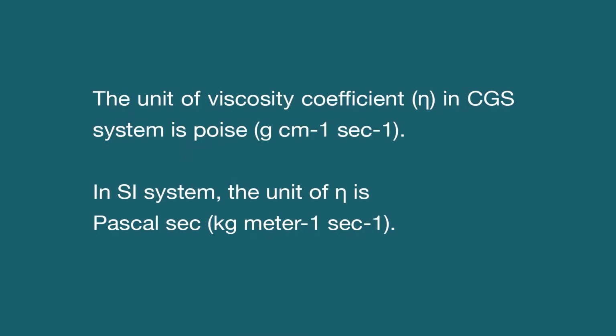According to the above formula, viscosity is defined as the force per unit area originated between two layers moving with unit velocity gradient. The unit of viscosity coefficient eta in CGS system is Poise, that is gram per centimeter inverse second inverse. In SI system, the unit of eta is Pascal second, that is kilogram meter inverse second inverse.